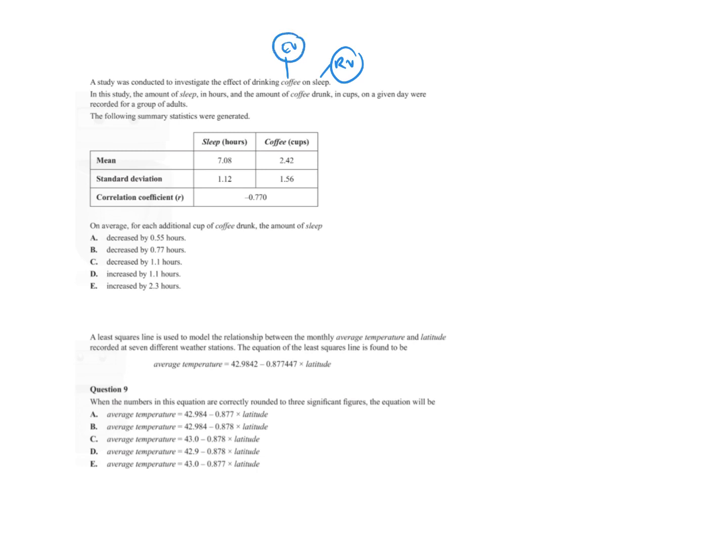Now, once you've worked that out, I like to put them on the top here because they've actually listed the Y first. So we know response is Y. So maybe write the mean of Y and then the mean of X, and S of Y and S of X there, just so you know which one's which. Now, here it says on average, for each additional cup of coffee drunk, the amount of sleep.